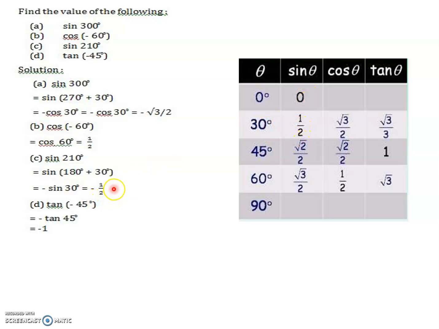So the final answer is minus 1 upon 2. Tan of minus theta is equal to minus tan theta. So minus tan 45 is equal to minus 1, because from the table we know that tan 45 is equal to 1. So we derive the answers.